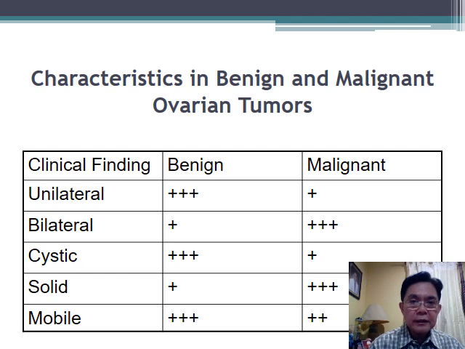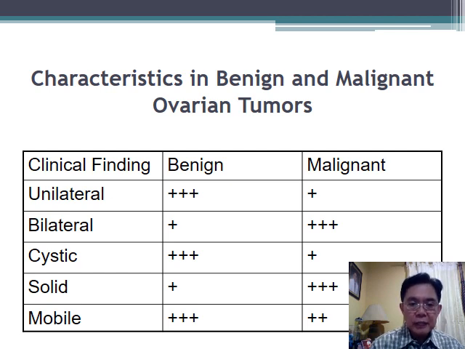So these are the different characteristics that differentiate benign from malignant ovarian tumors. Most unilateral ovarian tumors are benign, whereas most bilateral ovarian tumors are malignant. Remember that I use the word most and not all.